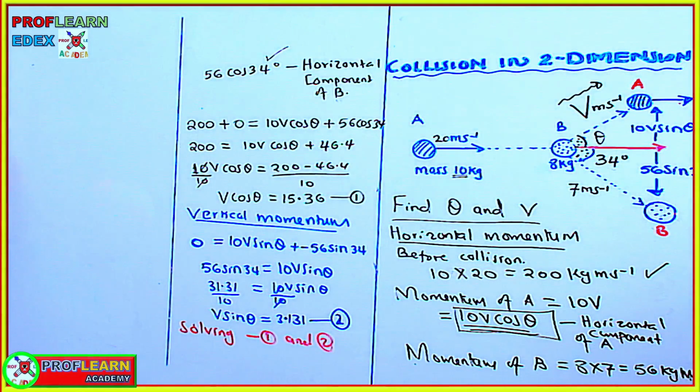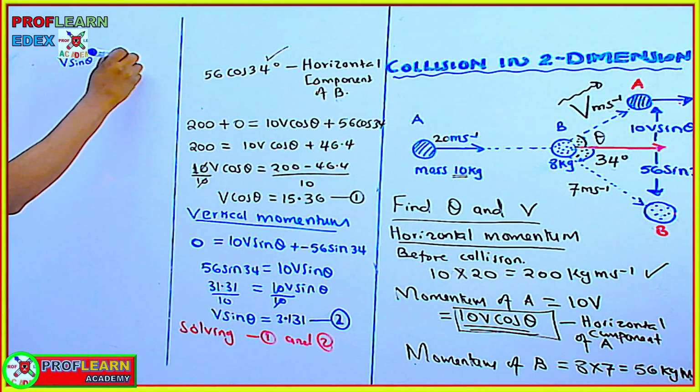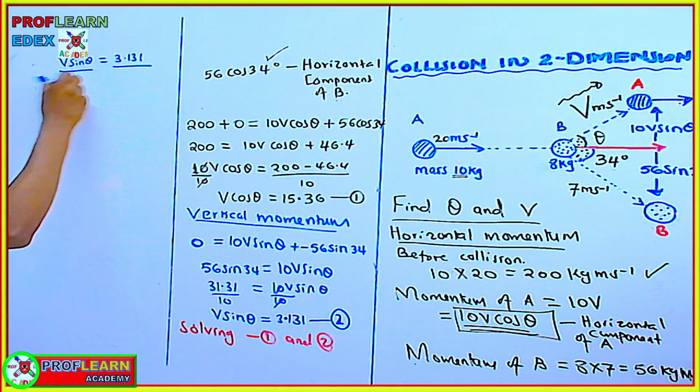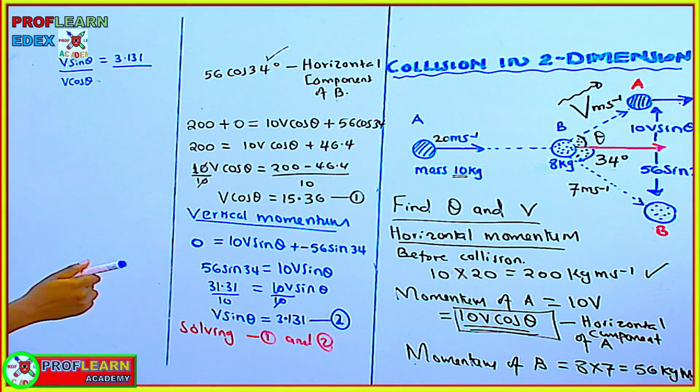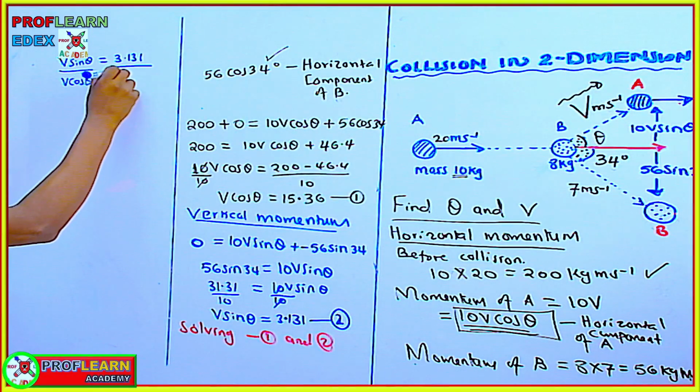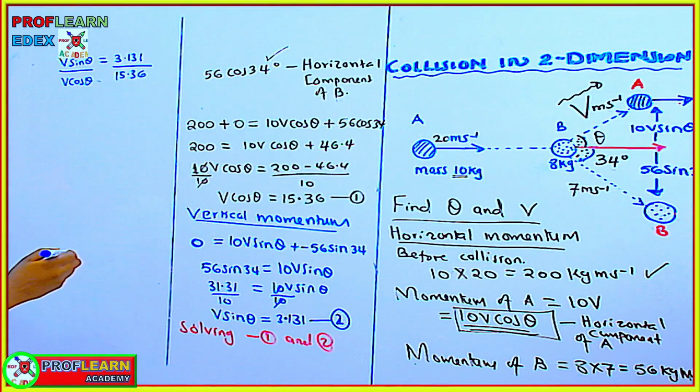Equation 2 is written as v sine theta equals 3.131, and equation 1 is v cos theta equals 15.36, right?